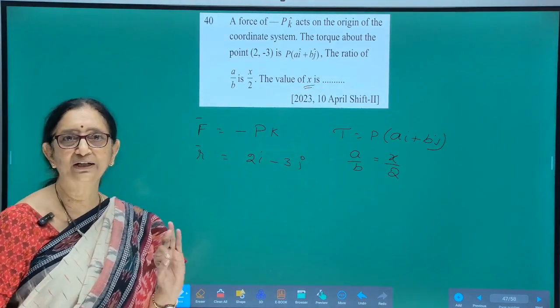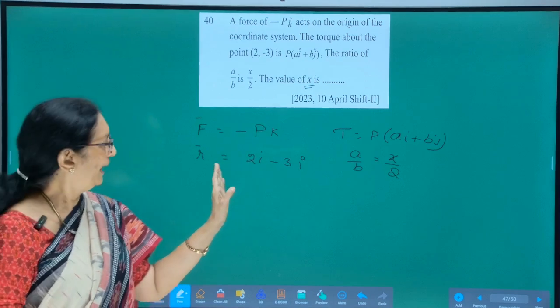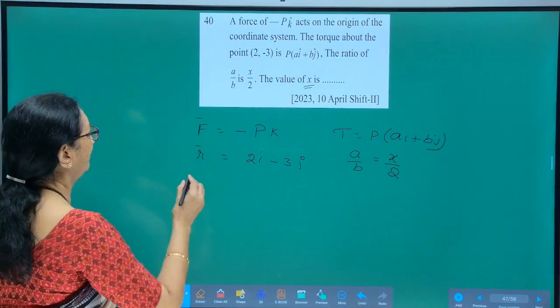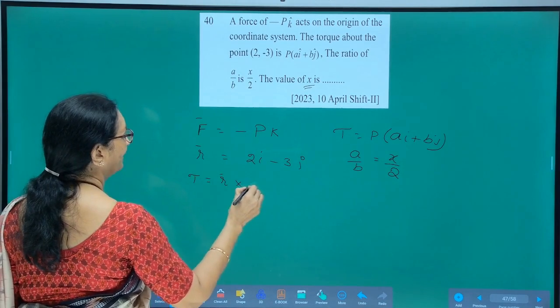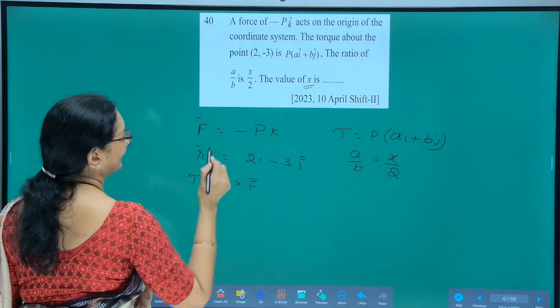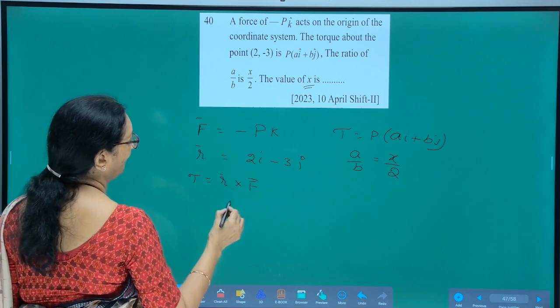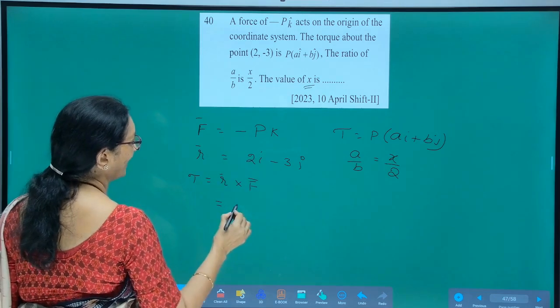So, look into this question carefully. F is given to you and r is given to you. We need to find out torque. So torque is equal to r bar cross F bar. I cross k is minus j. Minus of minus becomes plus.